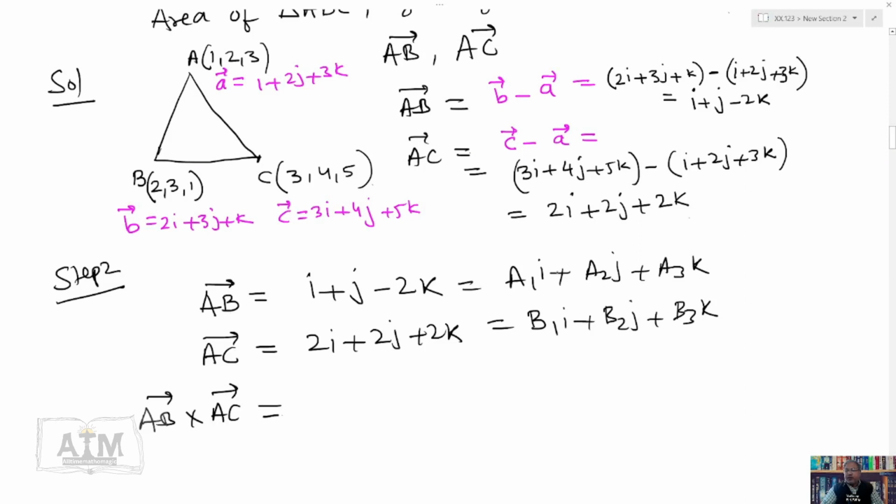Comparing vector AB with a1i, a2j and a3k, and comparing vector AC with b1i plus b2j plus b3k. Now we need to find AB cross AC, that is equal to the determinant of i, j, k, a1, a2, a3, b1, b2, b3.